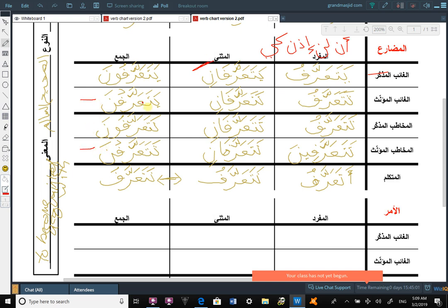These two, feminine, third and second person plurals, they are mabni for the noon niswa, so they never change. But until we put these an, lan, idhan, or kay in front of them, they're going to be marfu with either a dhamma or with a noon, thubut the noon, the noon being present.